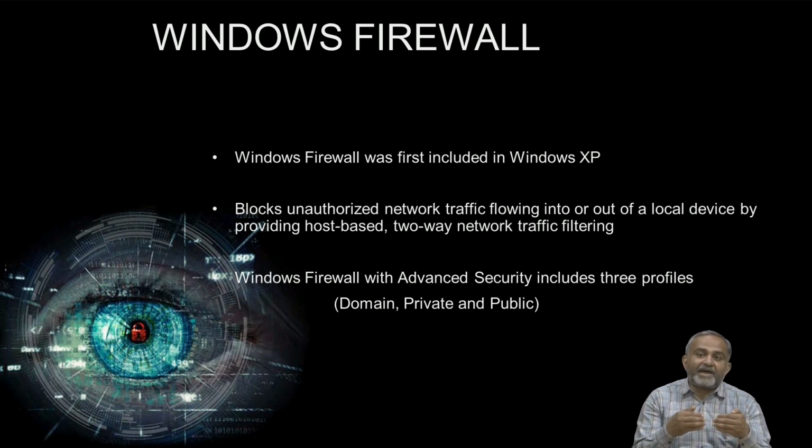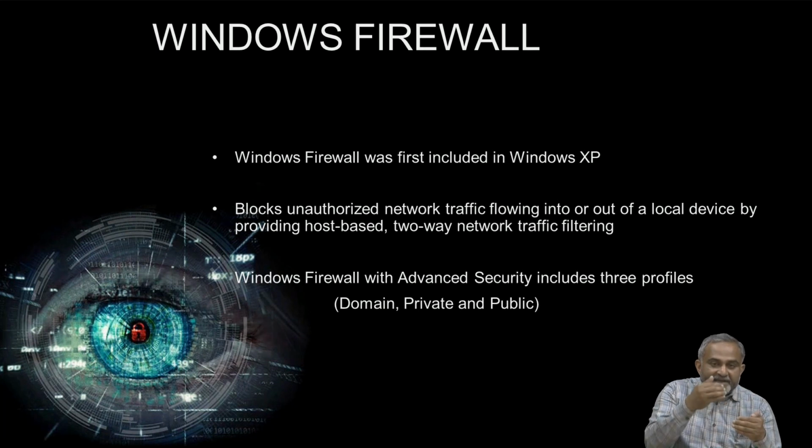So the firewall checks each and every incoming traffic coming toward the host, as well as it monitors the outbound traffic, that means the traffic which travels from the host toward the outside of the network.